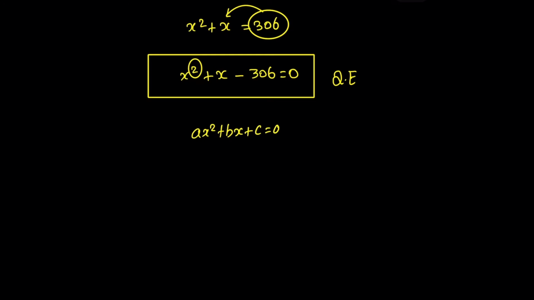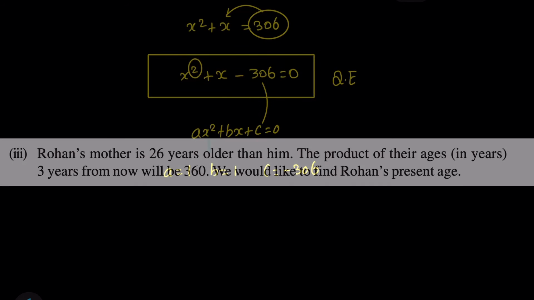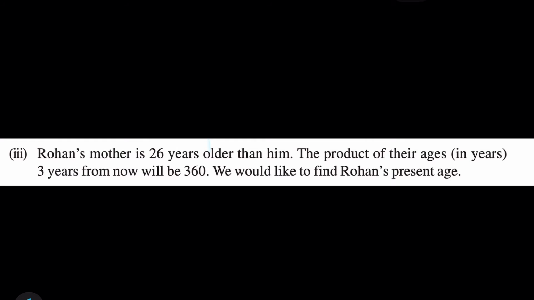So now the value of a is equal to 1, b is equal to 1, and c is minus 306.